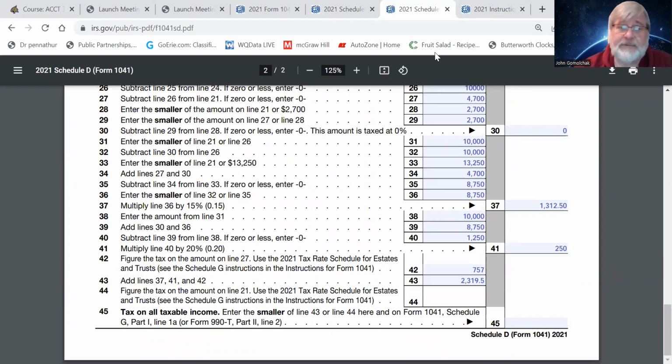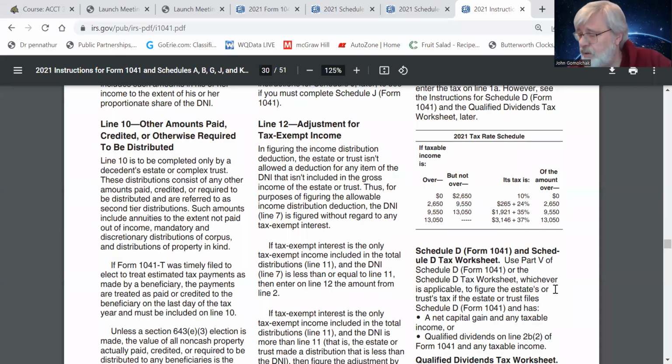I'll stop sharing, change my screen to the instructions again, and share again. Okay, so 14,700 would be in this top bracket here, the 13,050 and above.